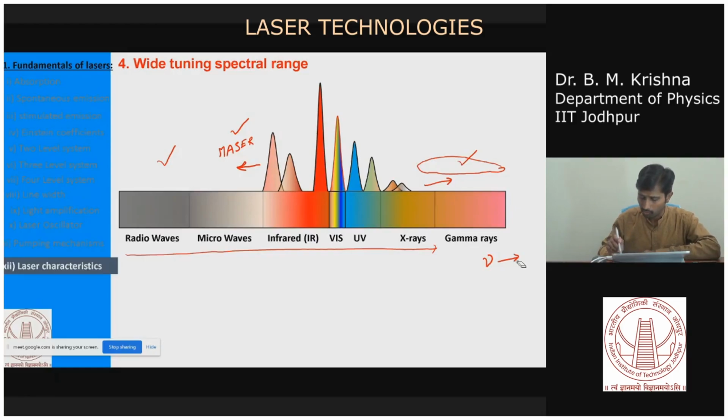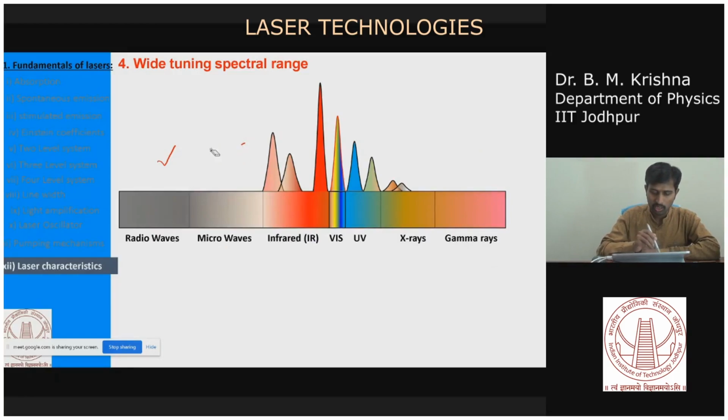So now we have wide spectral ranges, and even each laser is capable of certain tuning ranges. For example, you see your CO2 laser can cover almost this range. That means in the mid IR it can cover the spectral range, maybe 9 to 11 micrometers. Krypton has a tuning range in the visible region, and dye lasers can be tunable from visible wavelengths to near infrared.